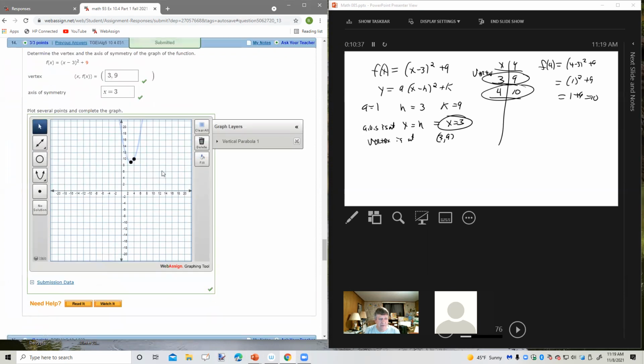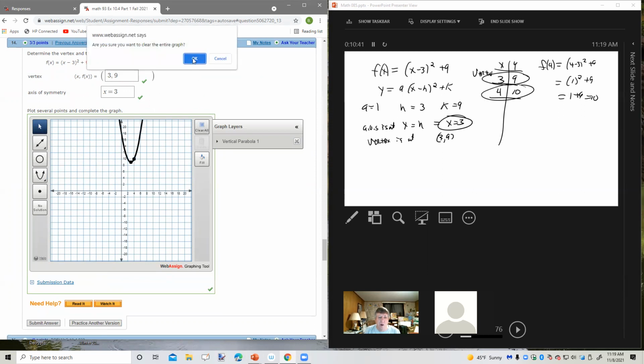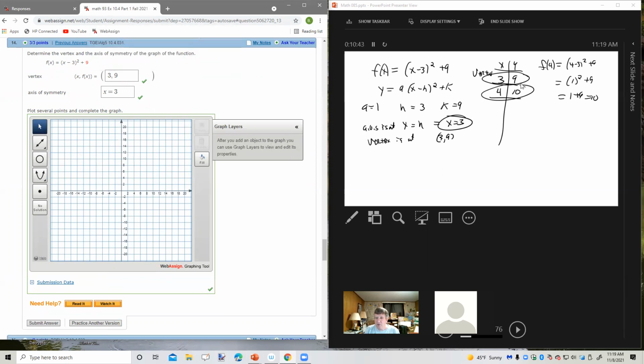Okay, and let's see what that says about the answer. Says everything's correct. Okay, now I'm going to go back and do it wrong to show you why it matters. I'm still going to use those same two points, but I'm going to graph (4, 10) first. So there's 4, whoops, got to come back over here. And here's (4, 10), and then (3, 9). Oh, look what happens. It graphed a parabola going in the opposite direction because it thought that (4, 10) was the vertex.